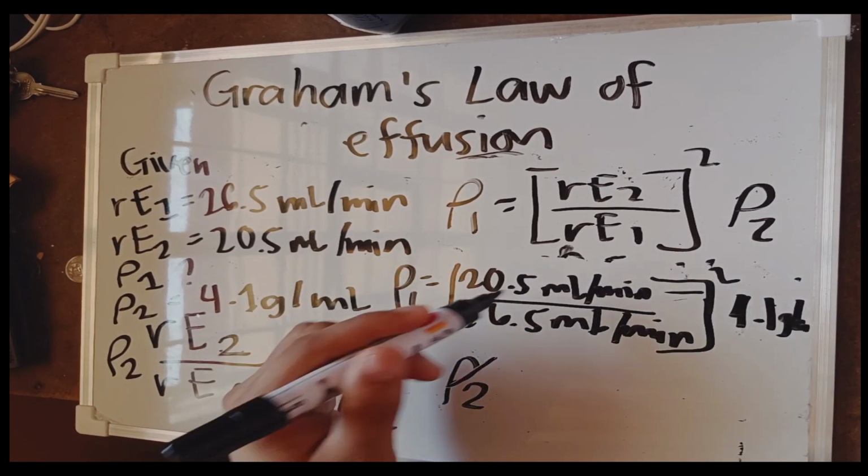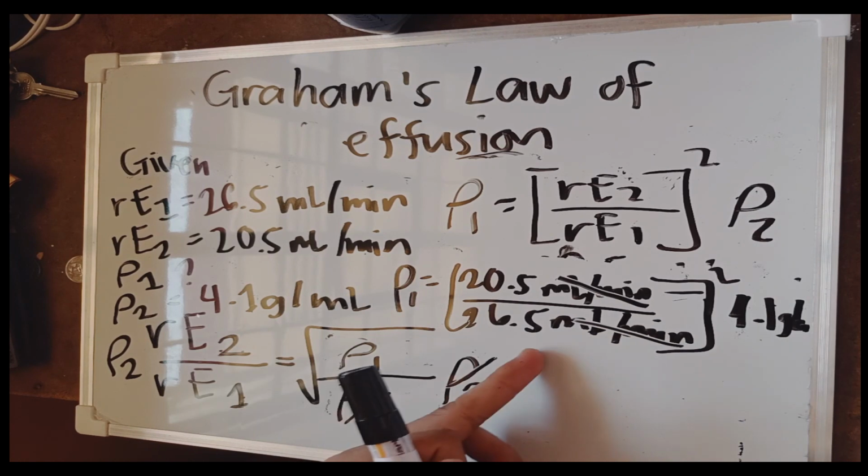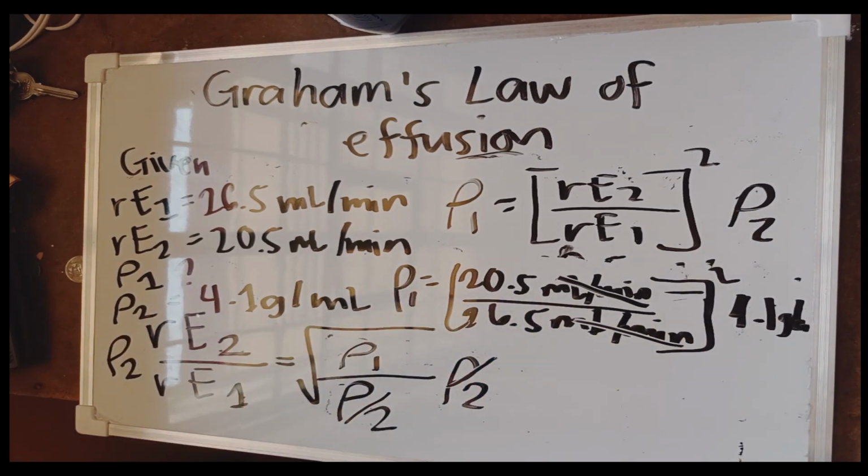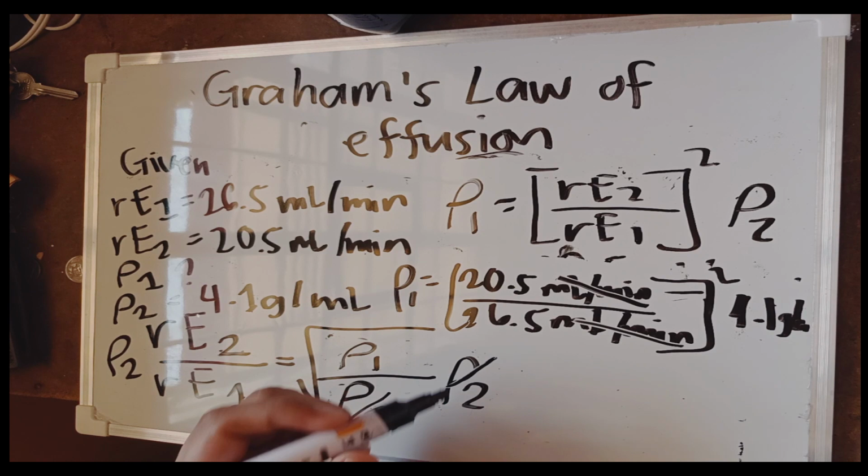The unit ml per minute will be cancelled out because it's division. So 20.5 divided by 26.5, we'll be having 0.77.